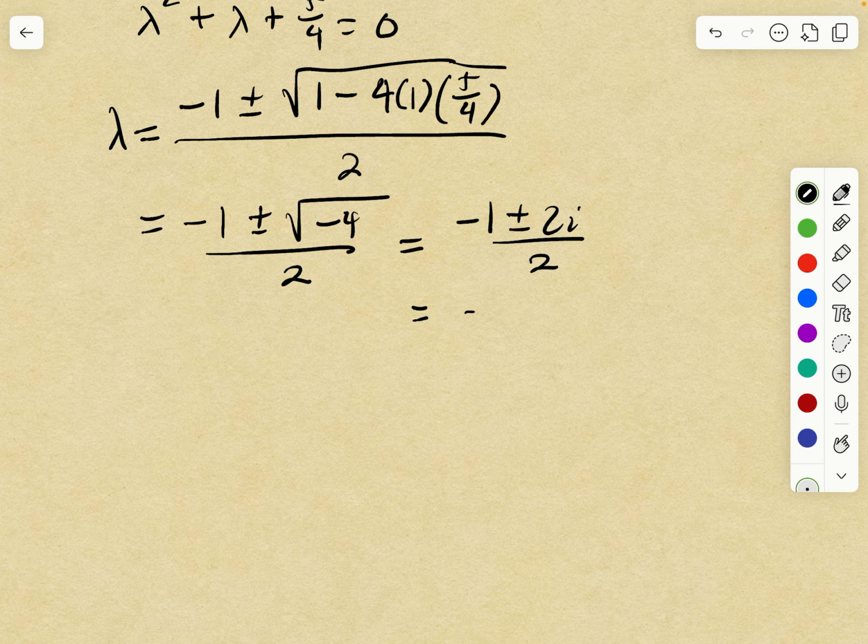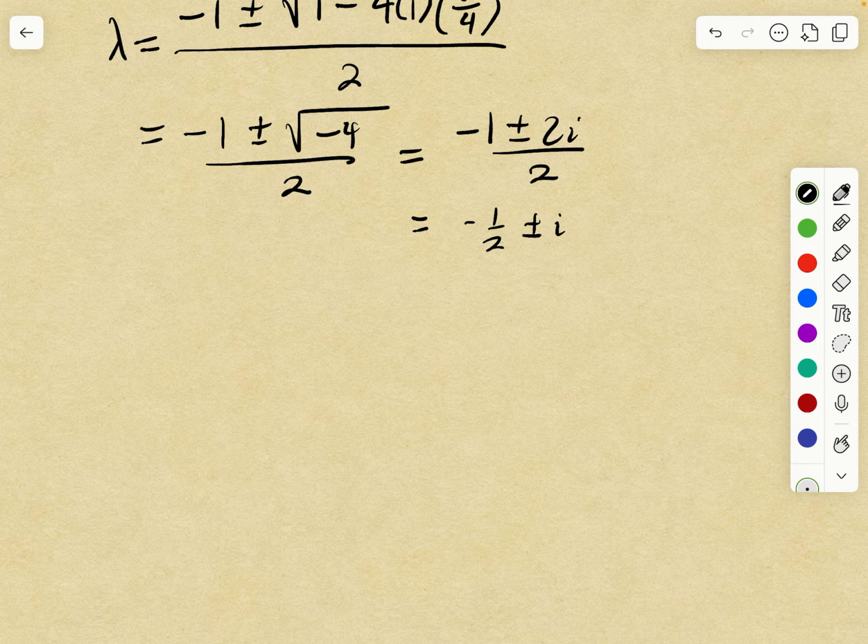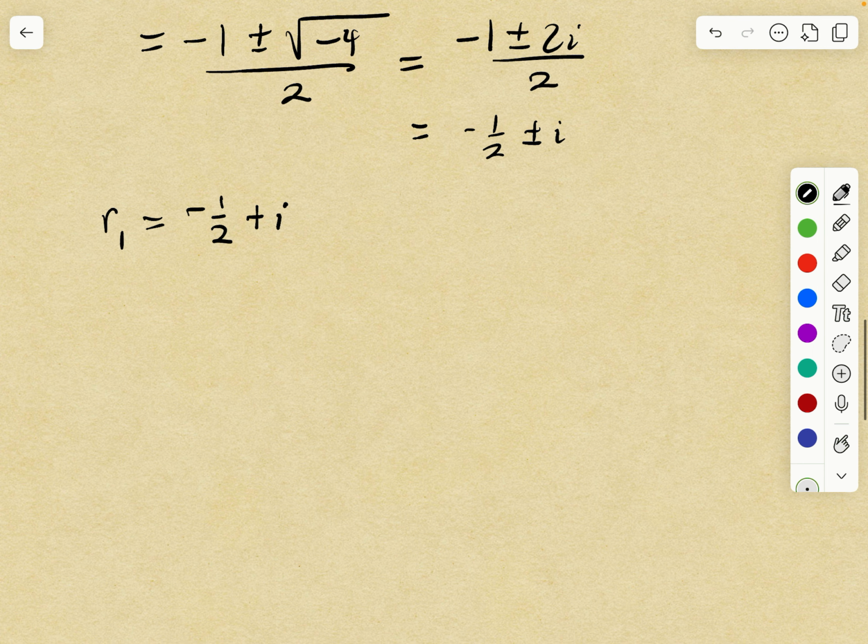So that's going to be negative 1/2 plus or minus i, right? You just divide each part of the numerator by 2. So those are your eigenvalues. We get r1 is negative 1/2 plus i. Now, of course, your r1 could be negative 1/2 minus i. It doesn't actually matter.